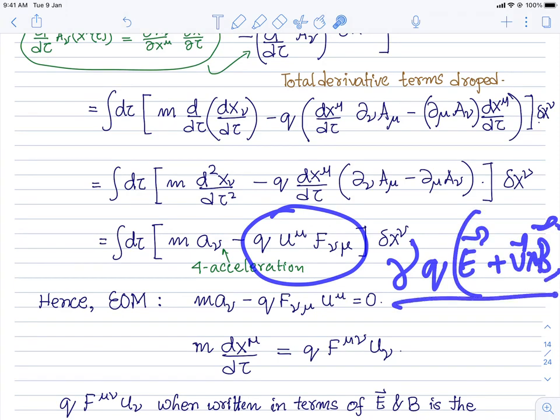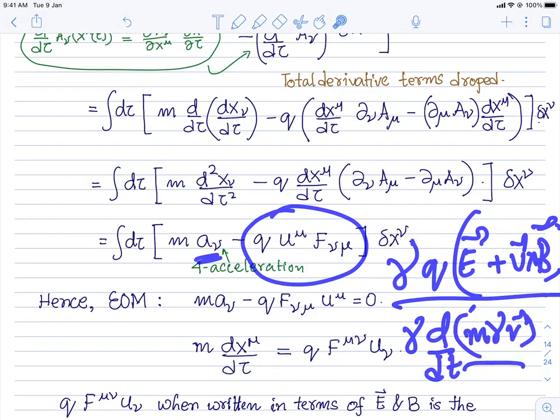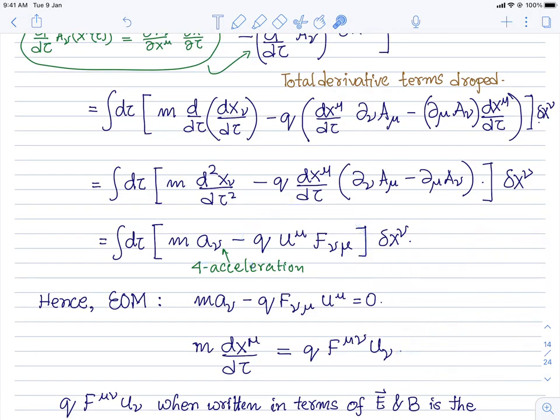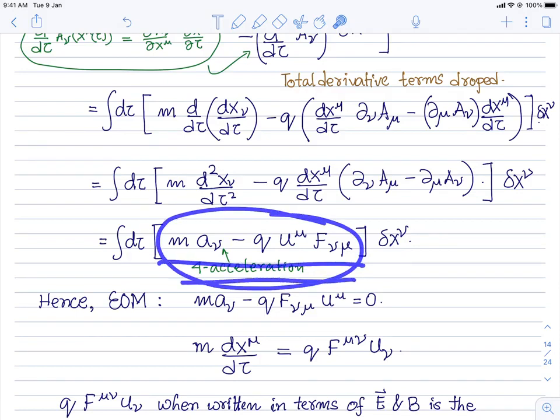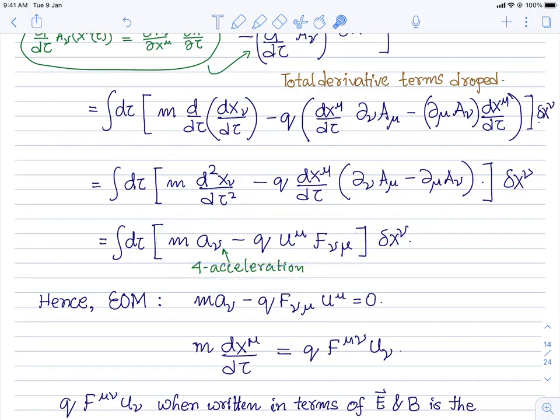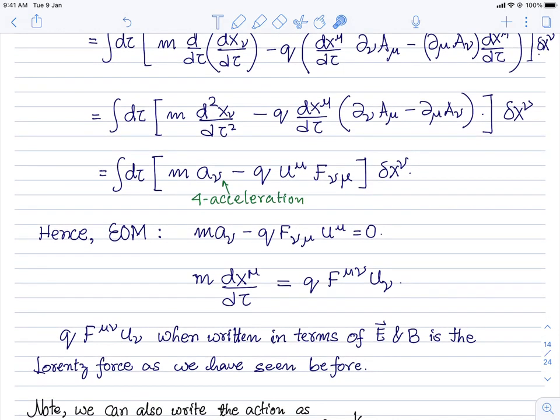On the other side, a^μ is gamma times d/dt of (m gamma v), and this factor of gamma cancels with the other gamma. I'm just trying to remind you that this is what had happened, so please consult the previous video to see how this is precisely the Lorentz force equation.